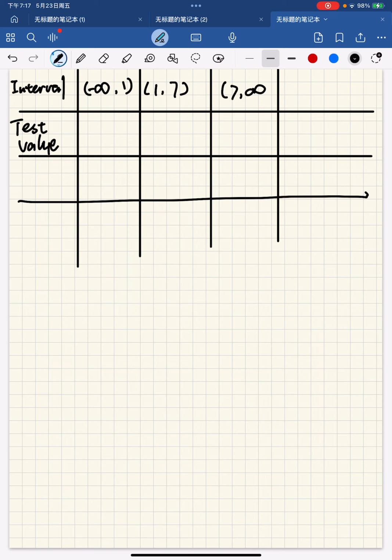On the second line, we fill in the test value. On the third line, we fill in the sign. And the fourth line will be the result.